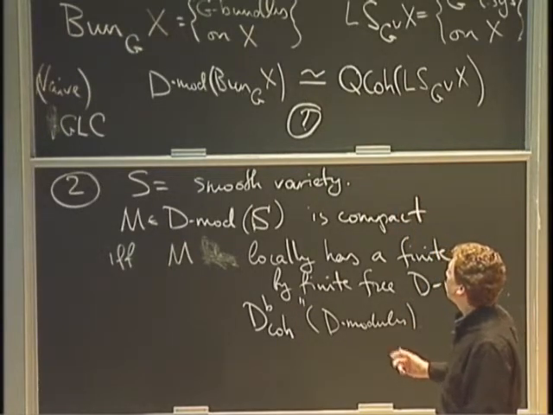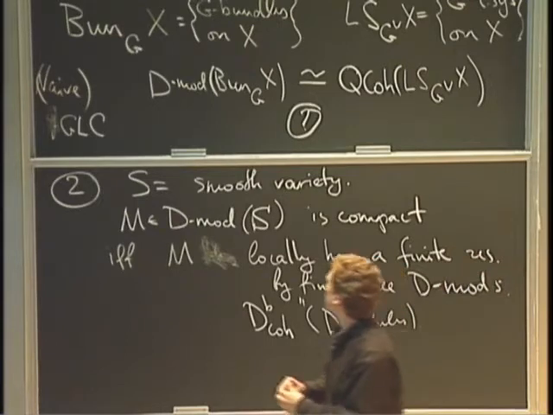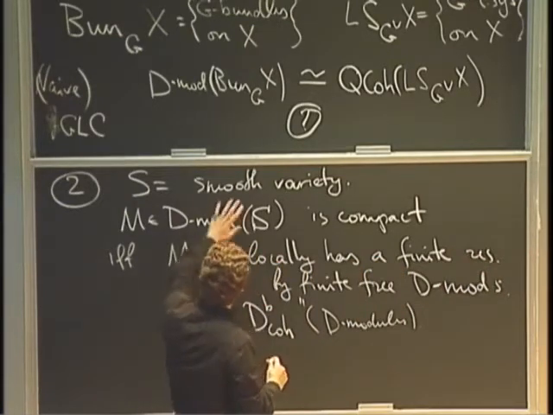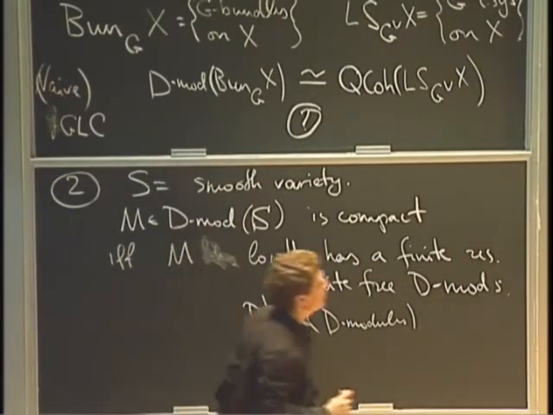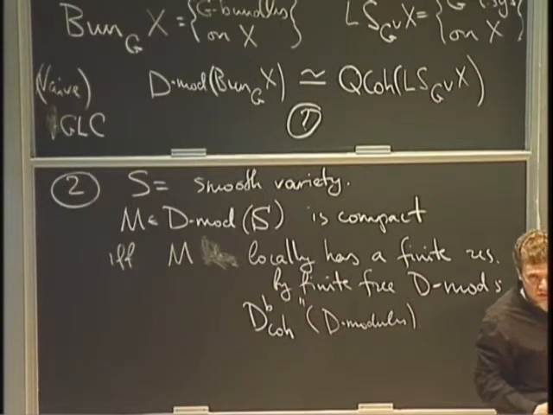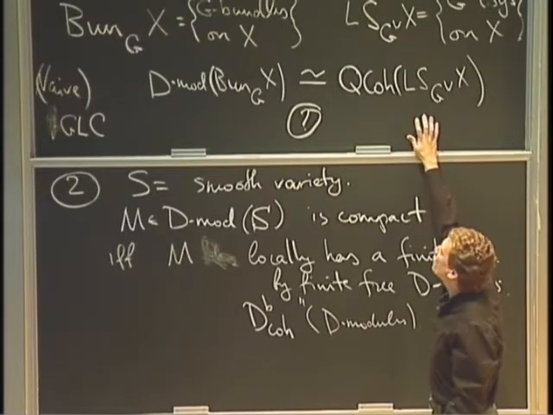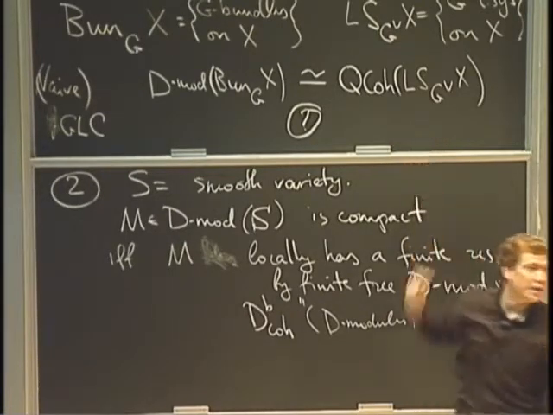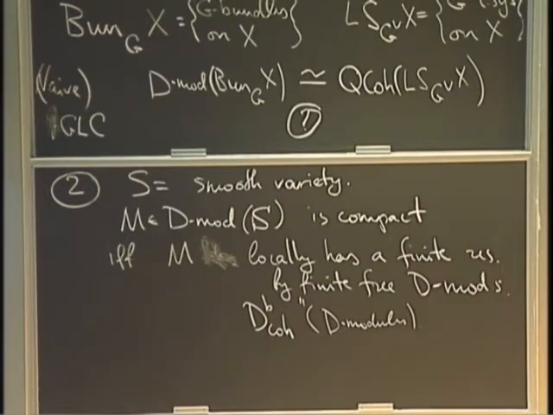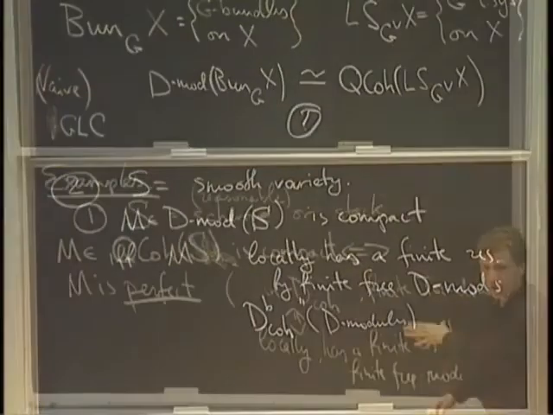Now, let me actually be more precise. What happens? So precisely, you start on the D-modular side with a compact object that you know from here. Then some compatibility things tell you what to expect on the right-hand side. And on the right-hand side, this part holds. So you get some complex that's coherent, but this part fails. It has infinite Tor dimension.